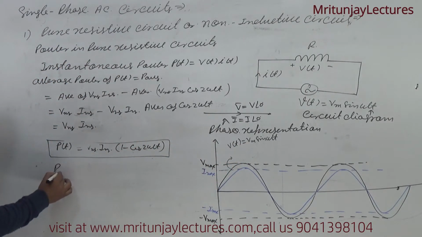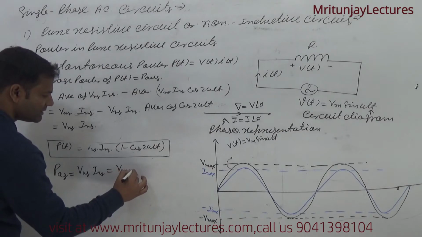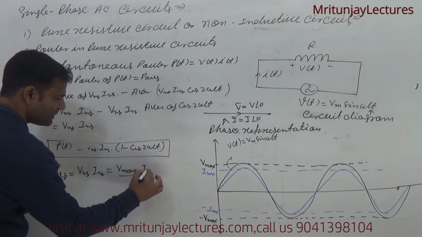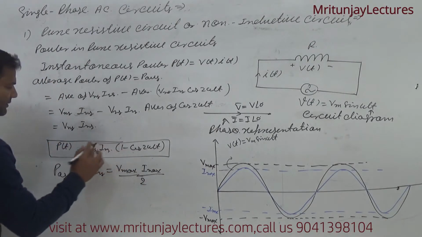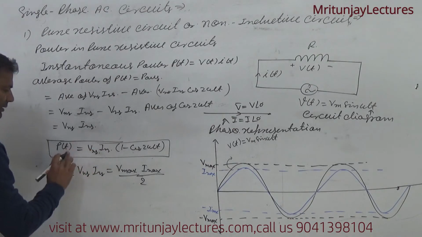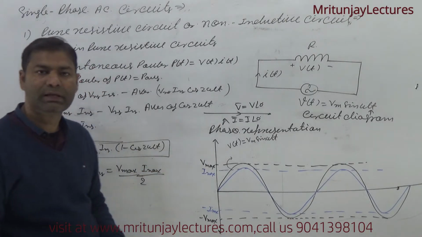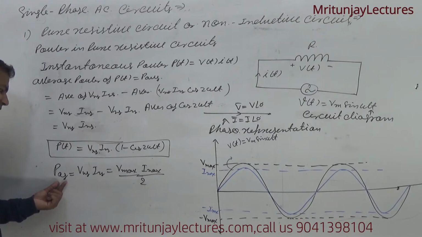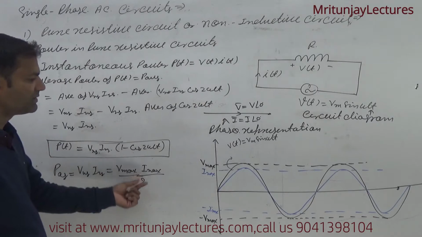So P average is written as Vrms into Irms, or Vmax into Imax by 2. So sometimes if they ask for instantaneous power, write Pt equal to Vrms into Irms into (1 minus cos 2 omega t), and if they ask for average power, then Vrms into Irms, or Vmax into Imax by 2.